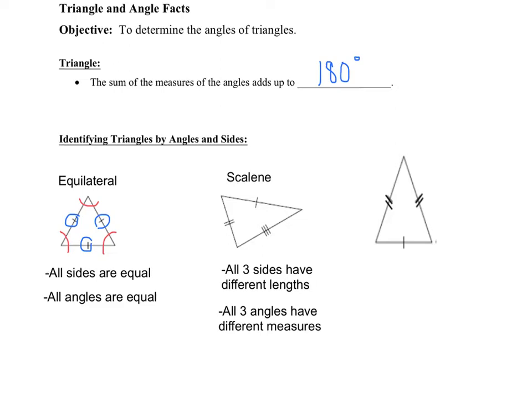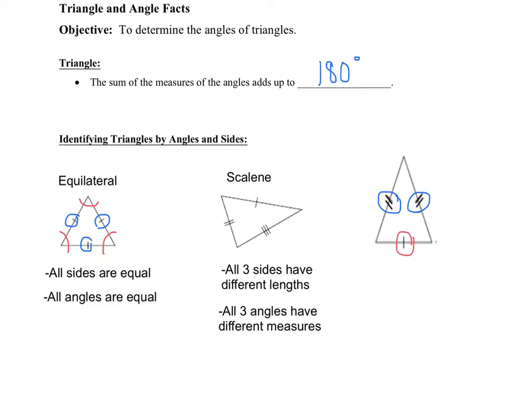Now, in our last triangle, we have 2 slash marks here and here, which indicates those two sides are equal. And then we have 1 slash mark here. So here we have an isosceles triangle.